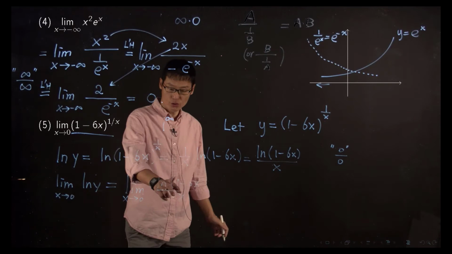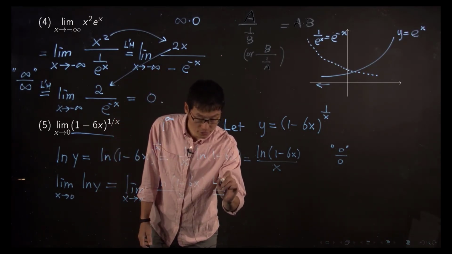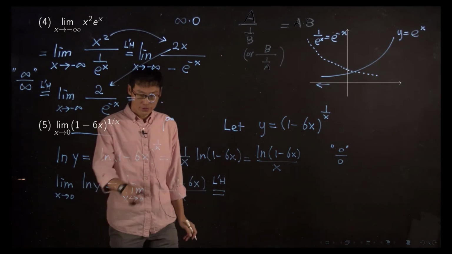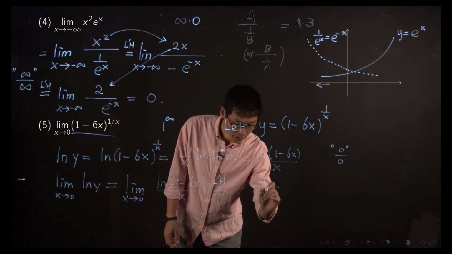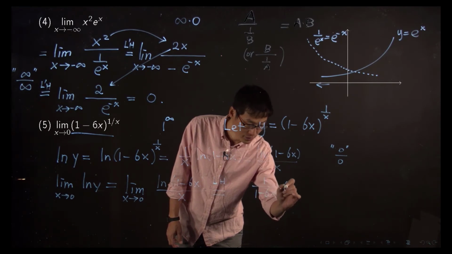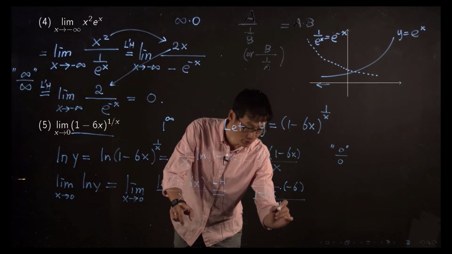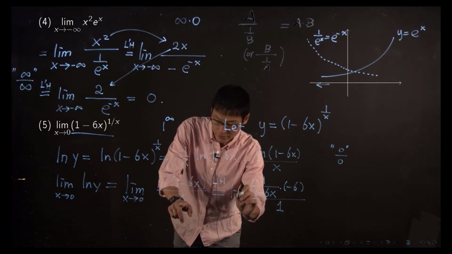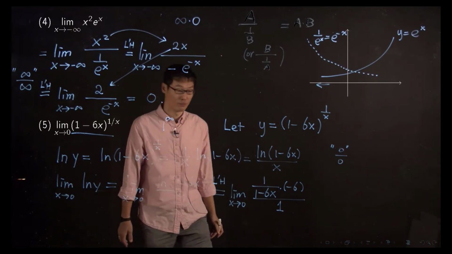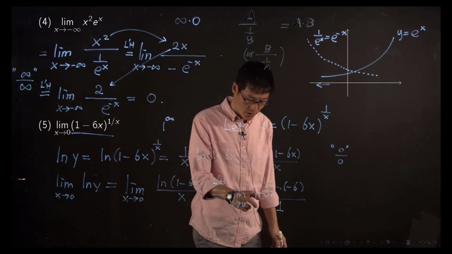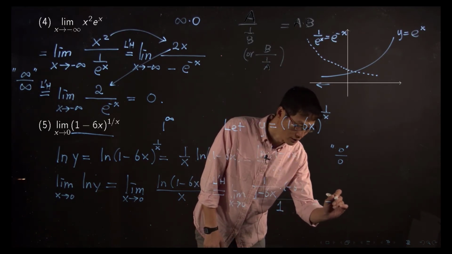Now that we have 0 over 0 form, we apply L'Hopital's rule. The derivative of the numerator is 1 over (1 minus 6x) times negative 6, and then the denominator will give you 1. Actually, we are ready to find the limit. So 1 over 1 times negative 6 over 1, or negative 6.